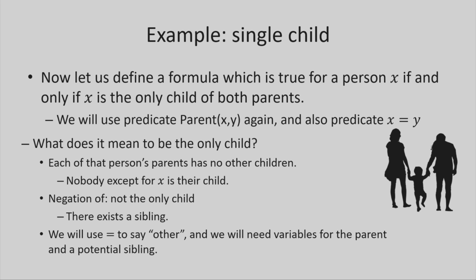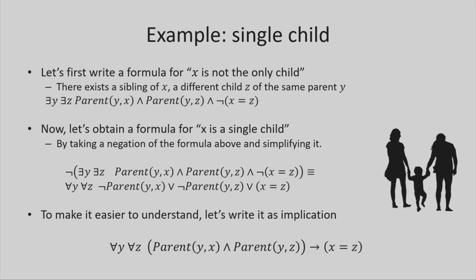So let's do it. Let's first write the formula for X is not the only child. That is, there is a sibling. So we need a variable for the sibling. And additionally, we will need a variable for the parent, because to say what it means to be a sibling, you need to talk about their common parent.